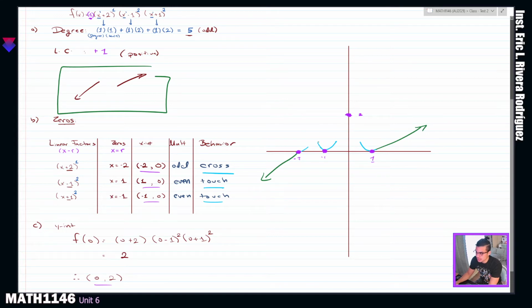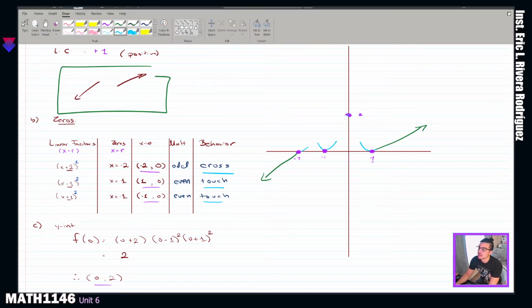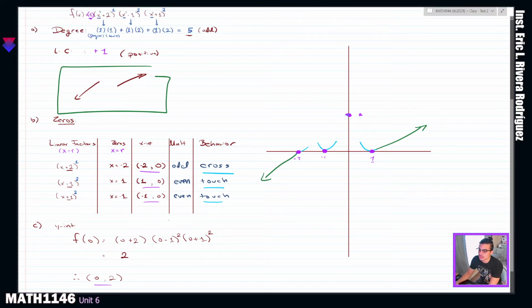Then we need to connect this. And I know that the graph needs to pass through here because I have a y-intercept. So I am connecting this part here. I am not really sure if these portions are correct. This is just a representation of what the graph for this polynomial is, okay?